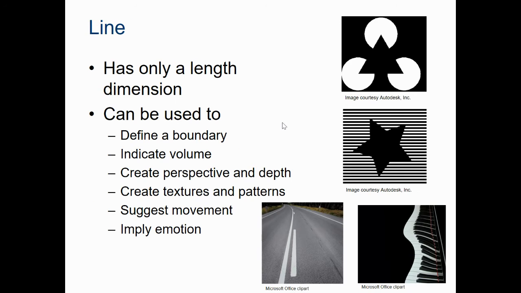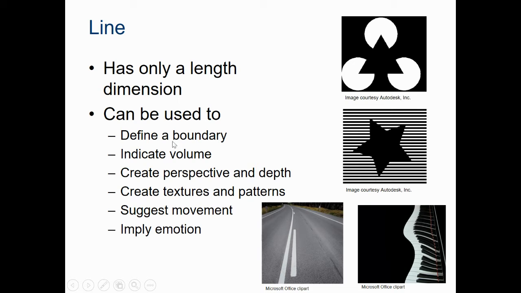So next one we've got here is a line. This is only a length dimension, but when we're talking about design, we might stretch that definition to something more like this, where we could call those lines, even though they definitely have a width.